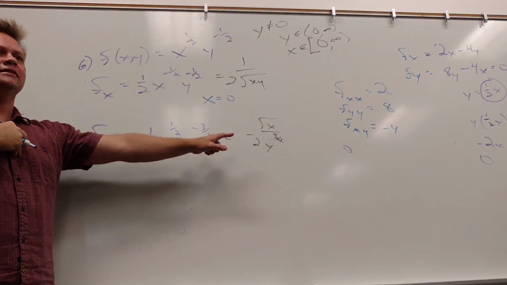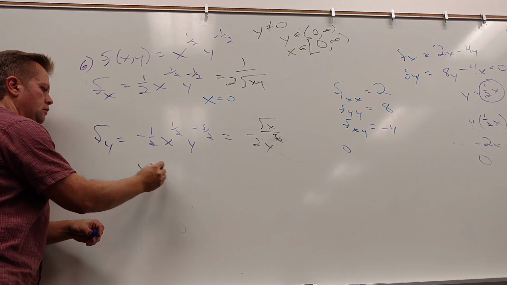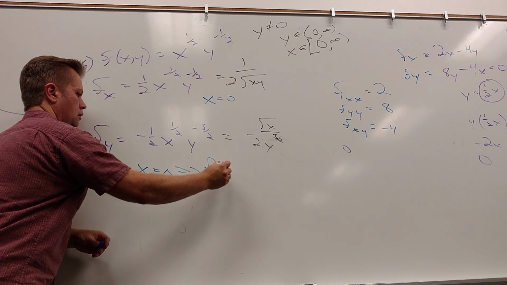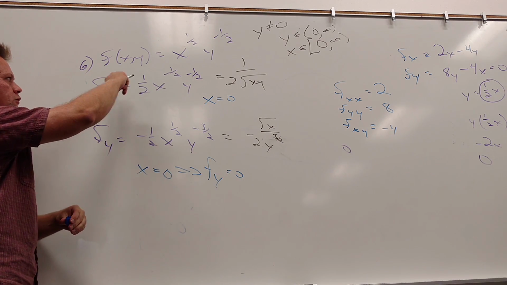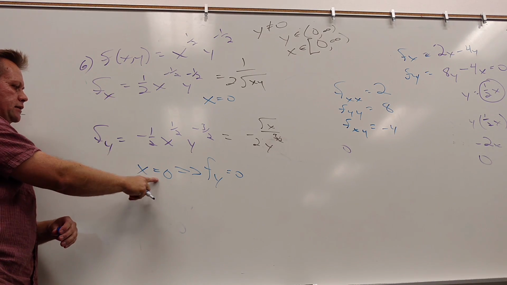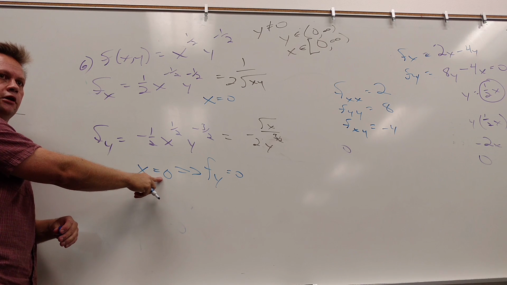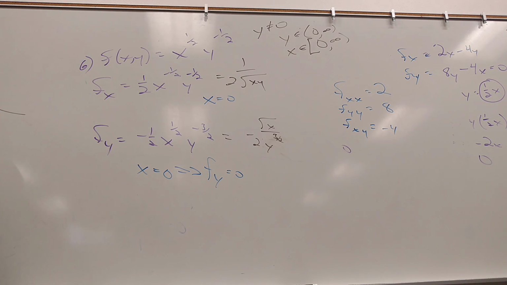Now if x is 0, what happens to fy? It's going to be 0. So what does x equals 0 do to fx? It makes it undefined. And what does x equals 0 do to fy? It makes it 0. So then x equals 0 is a critical component, right?